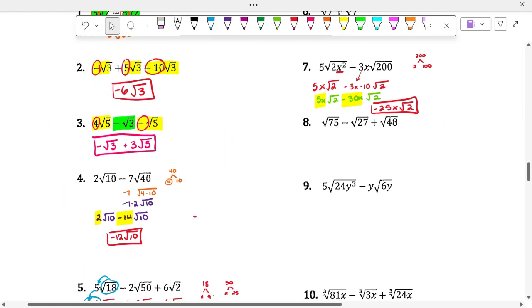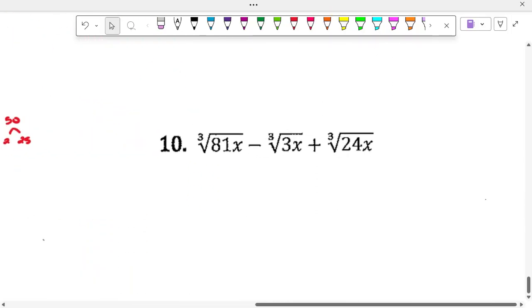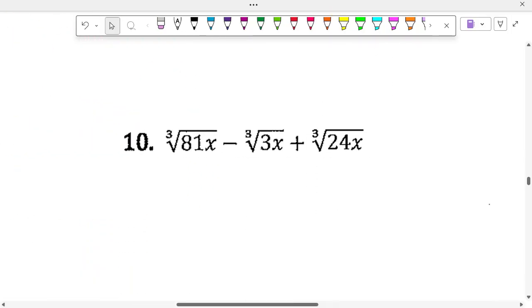All right, let's look at 10. So 10's a little different than what we've been doing. It's perfect cubes. But we can still simplify perfect cubes. So first off, 81. Do you guys want to do it the prime factor method or the perfect cube method?